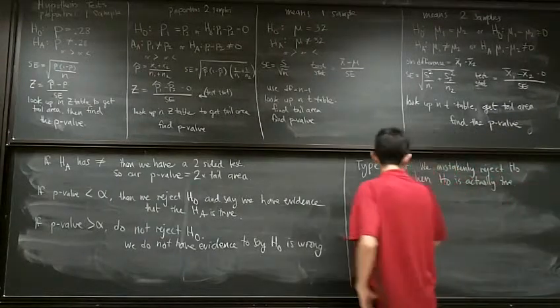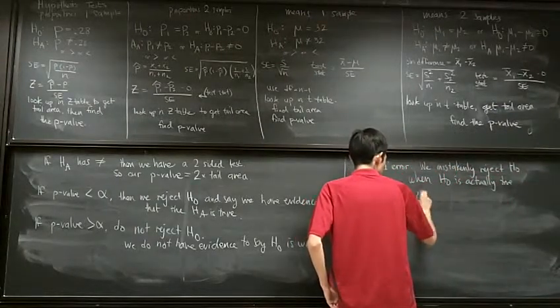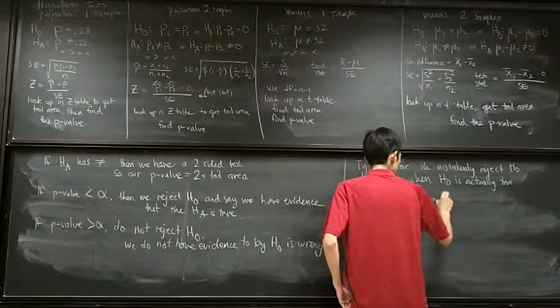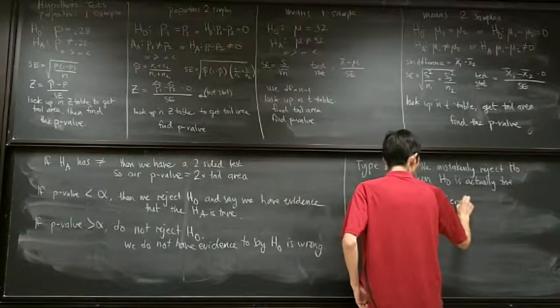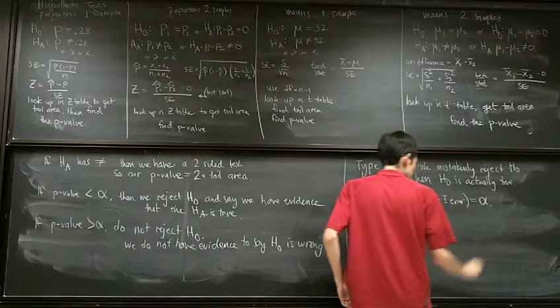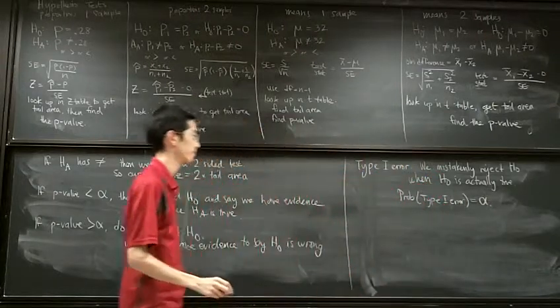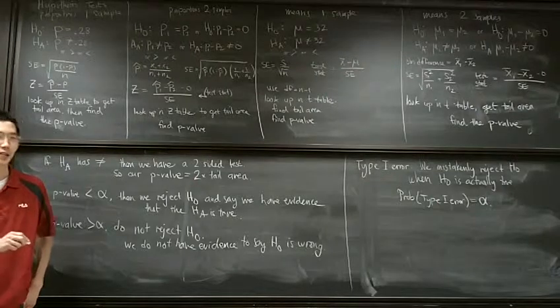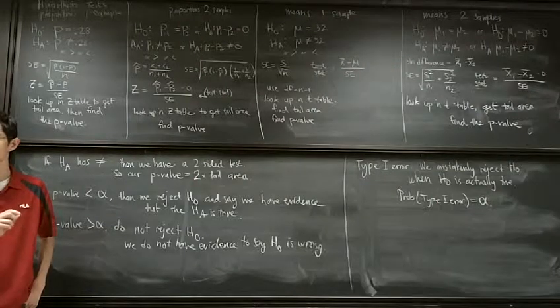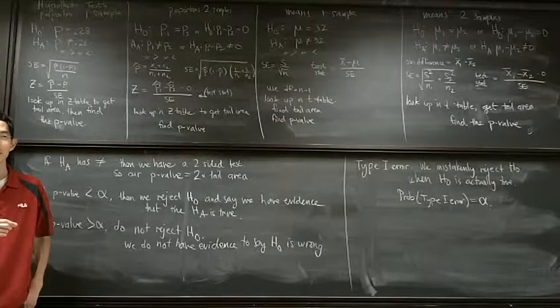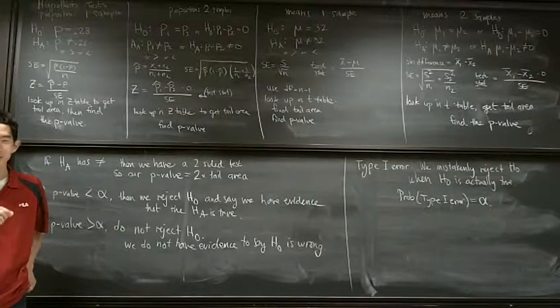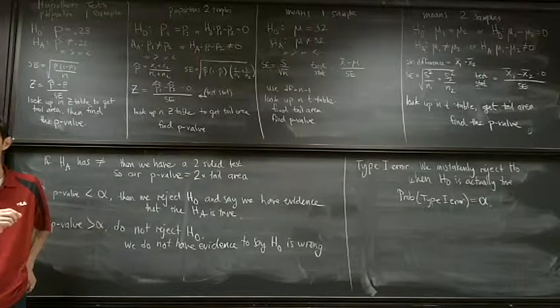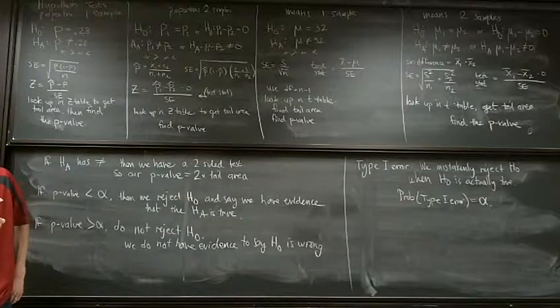The probability of a type 1 error is equal to alpha. We talked about this, right? Or is this completely new? Yeah, I think I've read it. You mentioned it, but then I don't think we went over it. Okay.